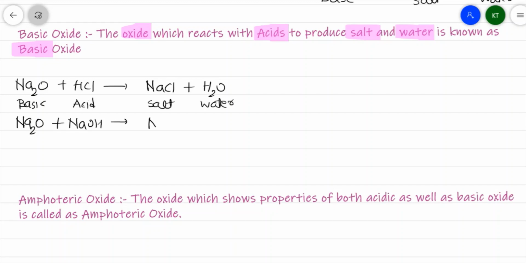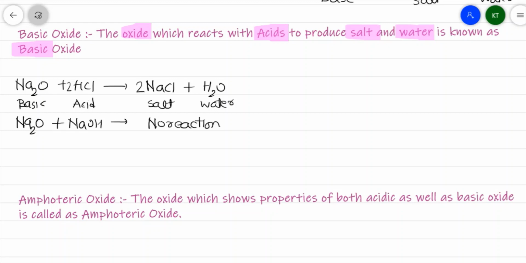So with base, no reaction will happen. Here Na2O reacts with acid. Now I need to balance this equation. There are 2 sodium, so I'll multiply by 2, and here also I'll multiply by 2. So the equation gets balanced. So Na2O reacts with acid and gives salt and water. That's why Na2O is basic in nature.